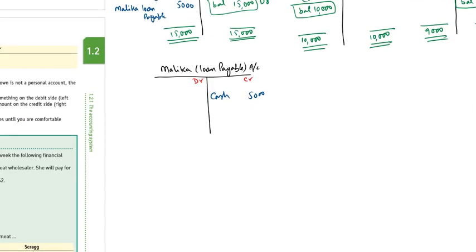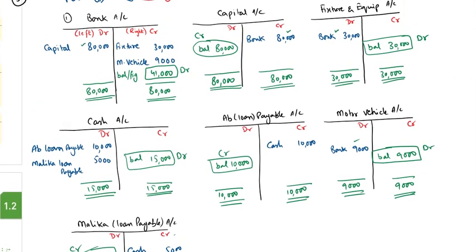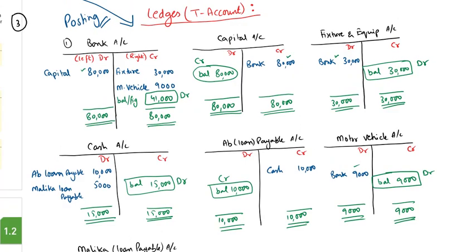And the last balancing account is the loan account. 5,000, and the balance will be 5,000. So this 5,000 is a credit balance. Okay. Can you get my point? So these are the ledgers.